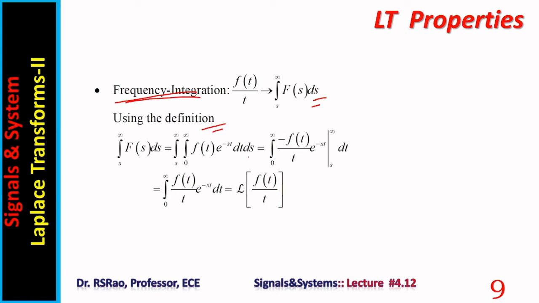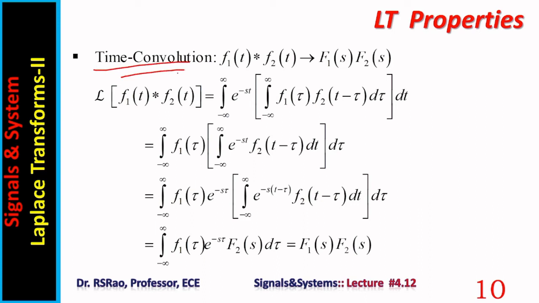When we do integration with respect to s, we will be getting minus f of t by t e power minus st, limits s to infinity. It gives us integral 0 to infinity f of t by t e power minus st dt, which is the Laplace transform of f of t by t.